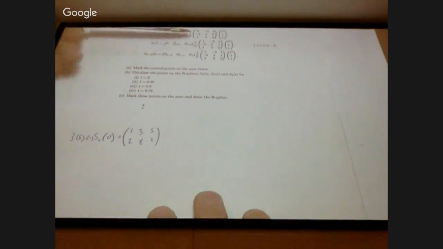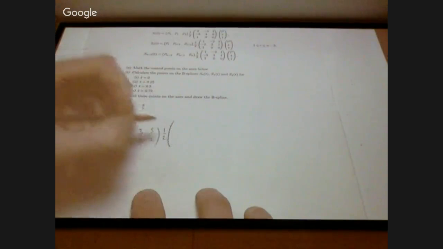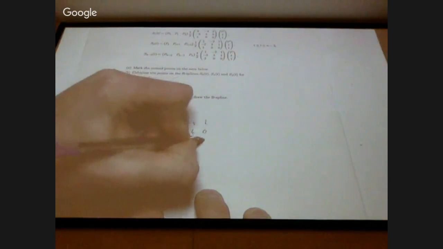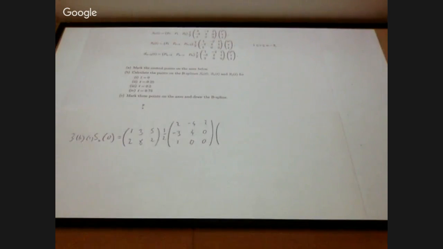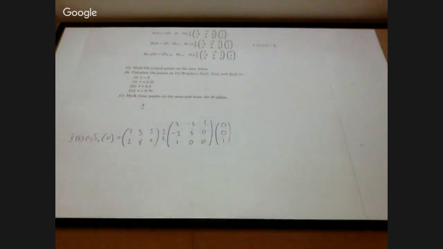Then that's multiplied by a half of this matrix. Then that's multiplied by t squared, t, and 1. Because t is 0, t squared is 0, t is 0, and we've got a 1.